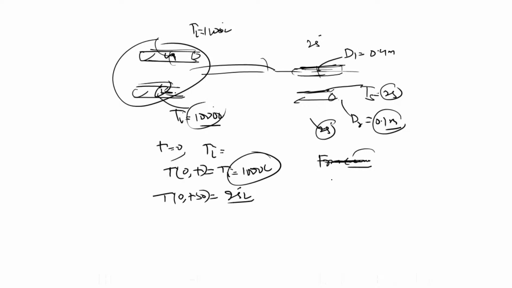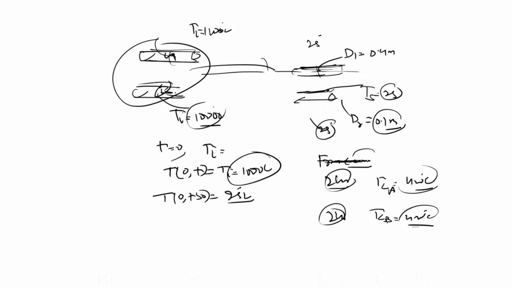If it takes 2 hours for the central line temperature to reach 400 degrees Celsius after cooling in rod A, then how much time will it take for the central line temperature in B to reach 400 degrees Celsius? Again, the problem is the same.